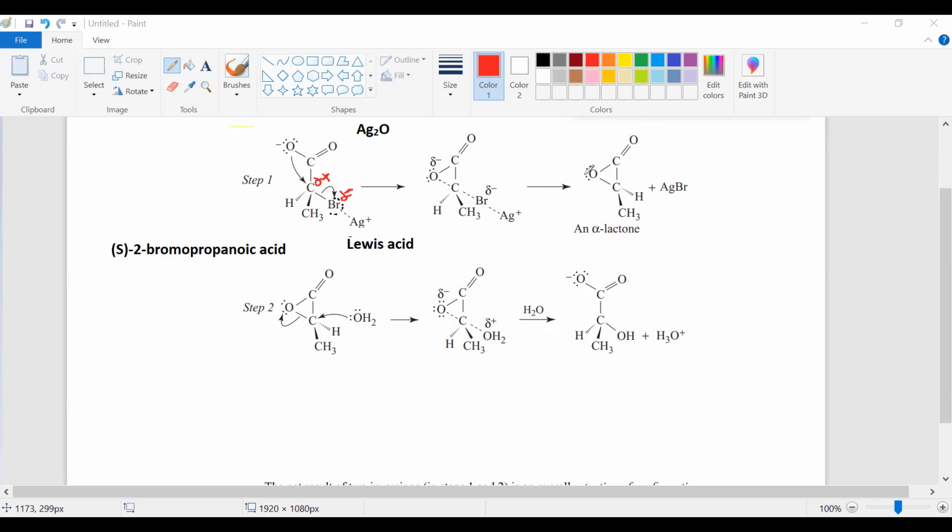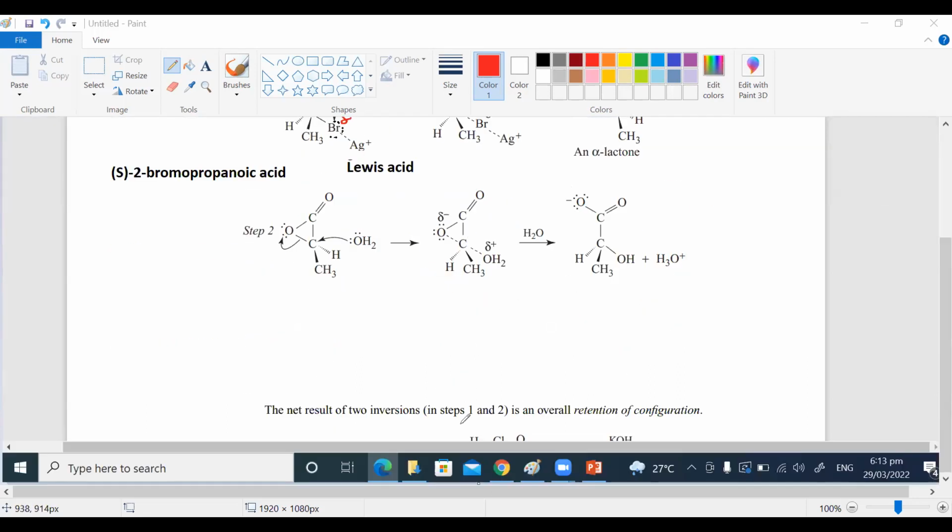So once you get your lactone here, your agent is water. You have to remember that your agent is water, H2O. So which center will the water attack? You will have to analyze the centers here for the partially positive atoms. There are two possibilities.